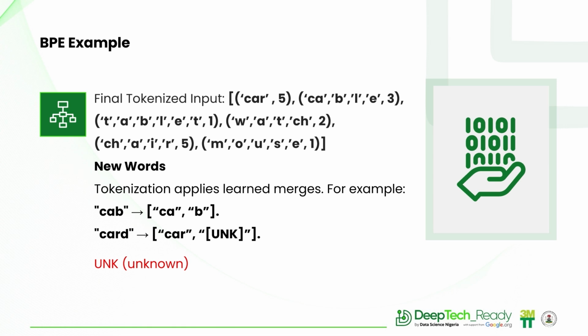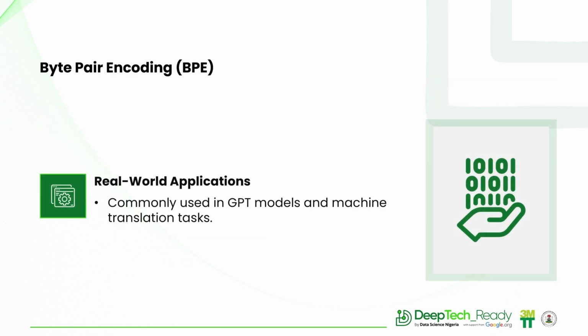Byte pair encoding is widely used in models like GPT, where it helps balance efficiency and performance. If we break down rare words into subwords, the BPE tokenization method reduces the vocabulary size and makes it easier for the model to learn and generate text.